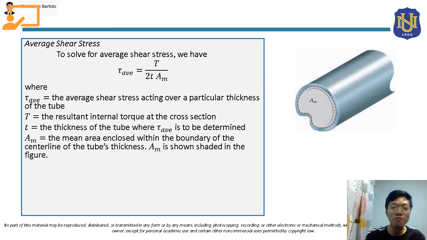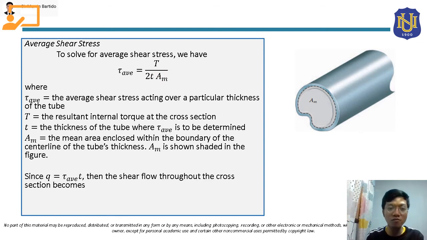Lastly, A sub m is the mean area enclosed within the boundary of the center line of the tube's thickness. A sub m is shown here in this shaded region, the area enclosed by the center line. That is the area A sub m that we are talking about here.